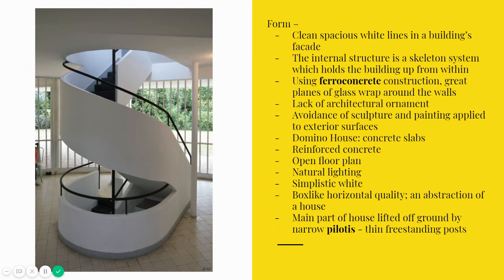You have a complete lack of architectural ornamentation, or avoidance of sculpture or paint or anything at all. You have an open floor plan. You do have natural lighting, very simplistic, white, box-like. Again, it still embraces that horizontal quality, which is a great characteristic of modern architecture. And really what you have is an abstraction of a house.